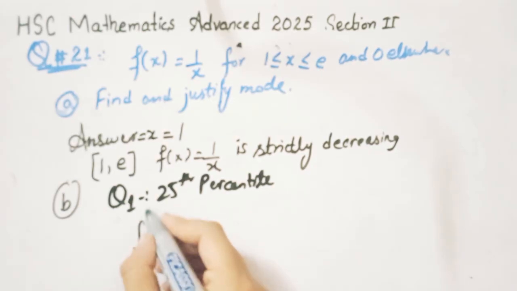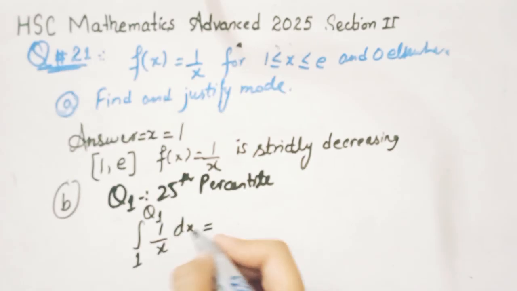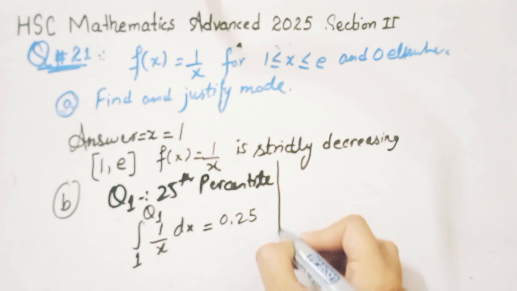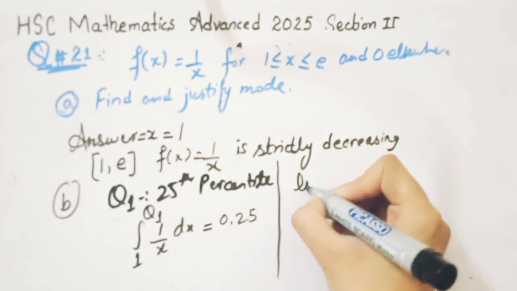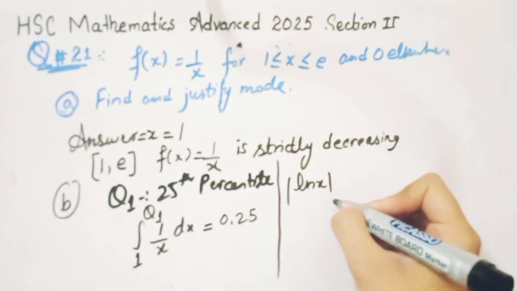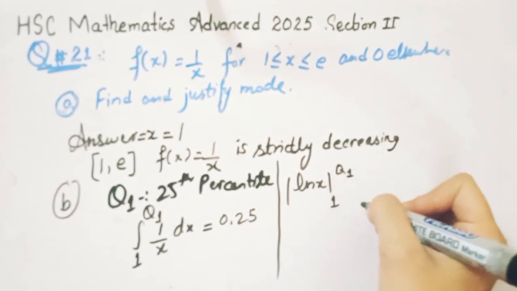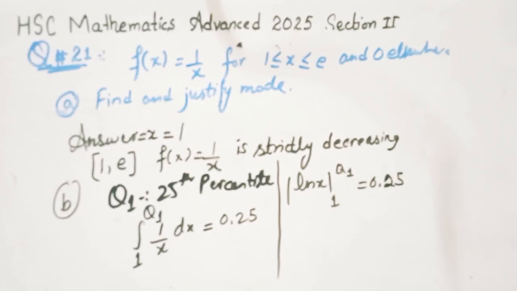The integral from 1 to Q1 of 1 by x dx equals 0.25. Now the integral of 1 by x is ln x, evaluated from 1 to Q1, equals 0.25.